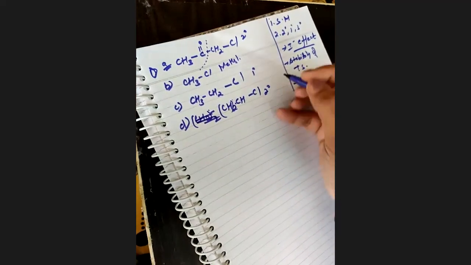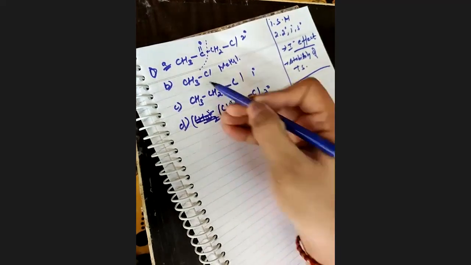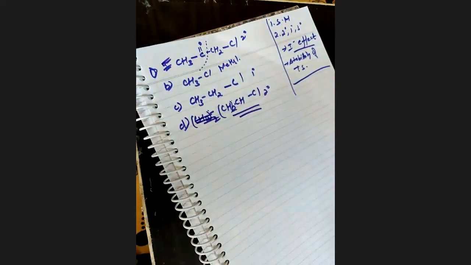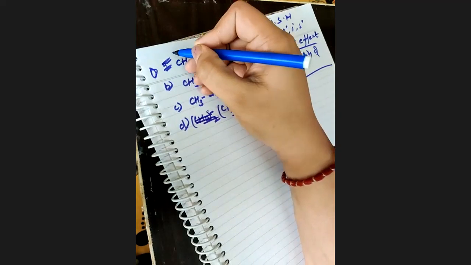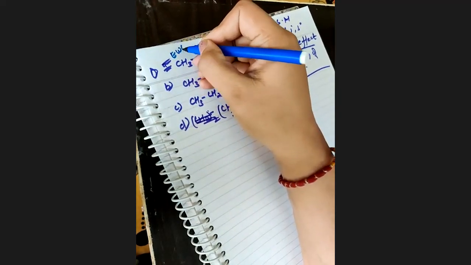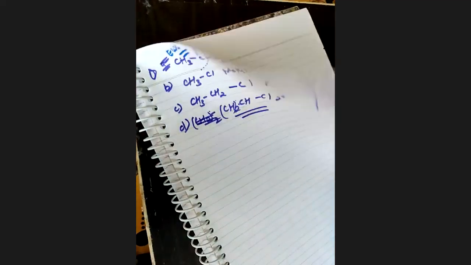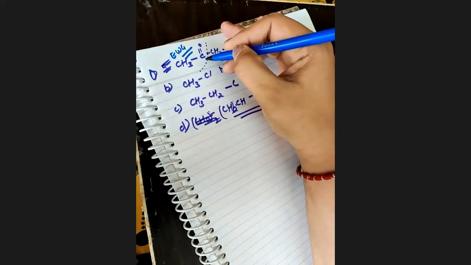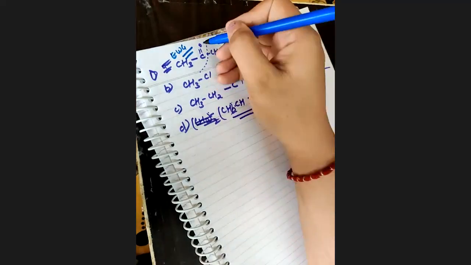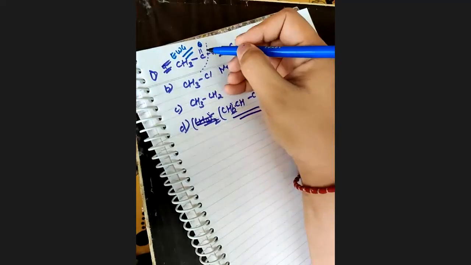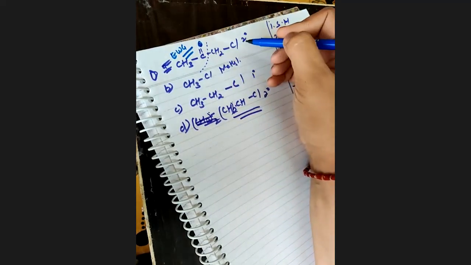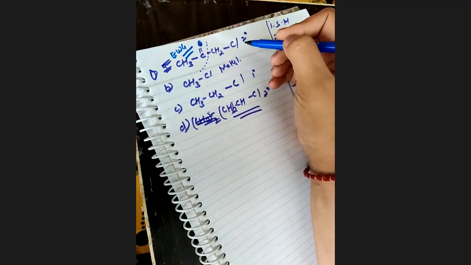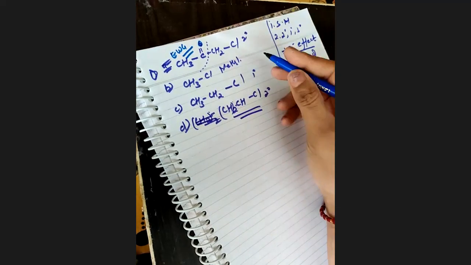What is the major difference between this secondary and this secondary? The major difference is the electron withdrawing group. Since oxygen is attached to this carbon, it makes it a strong electron withdrawing group. So this will be considered more stable than this and that.